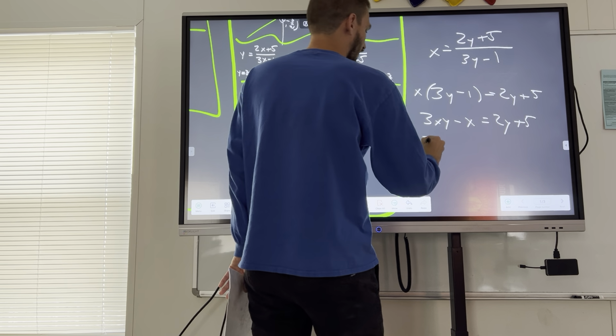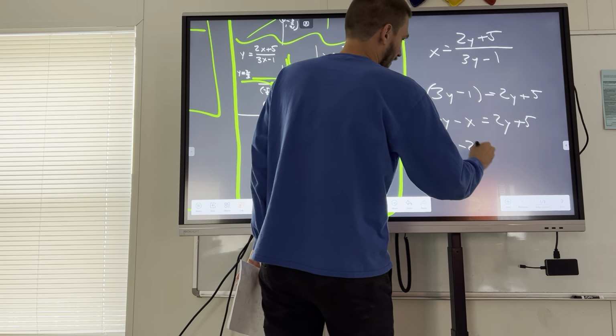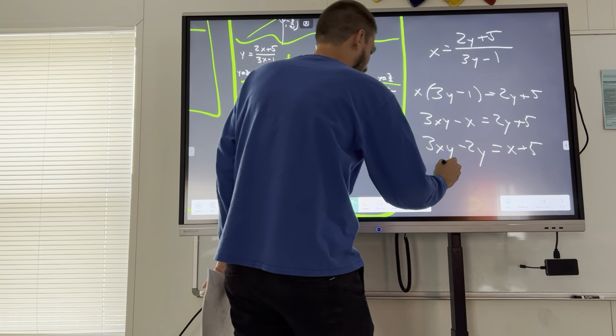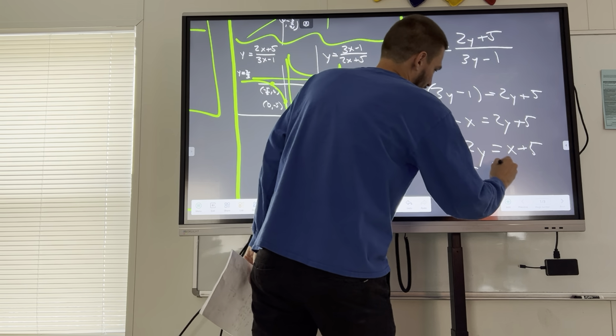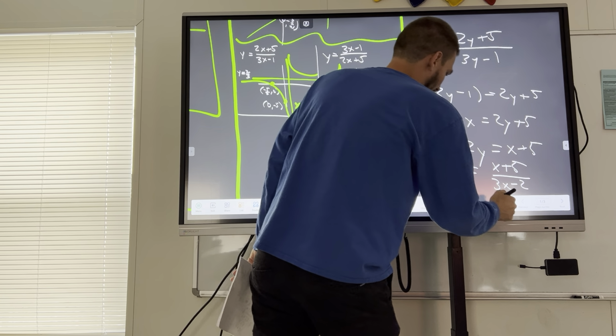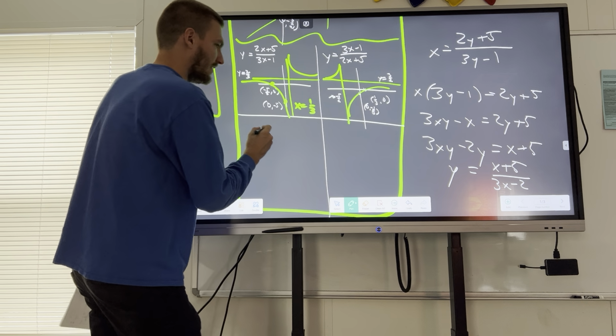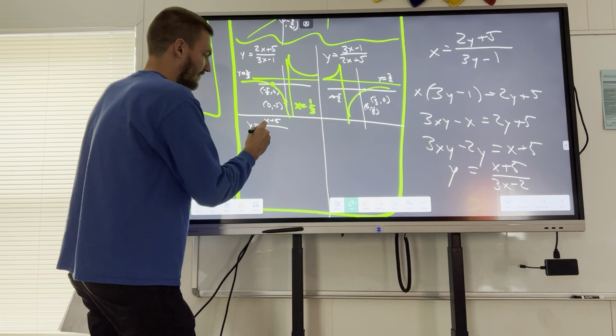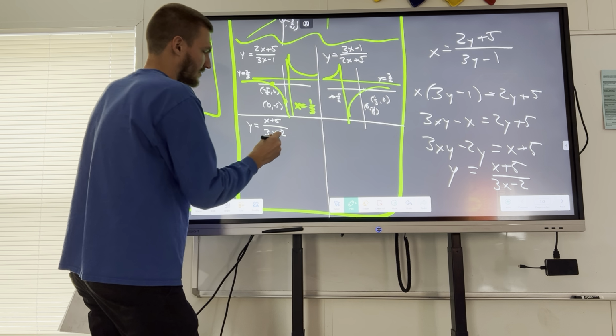Get the y's all over one side: 3xy minus 2y equals x plus 5. GCF out the y. Divide by the other stuff. Alright. It would be y equals x plus 5 over 3x minus 2.